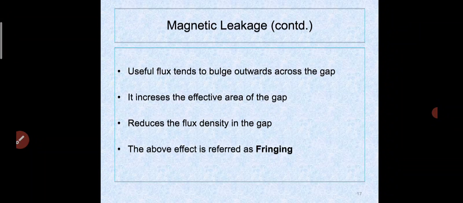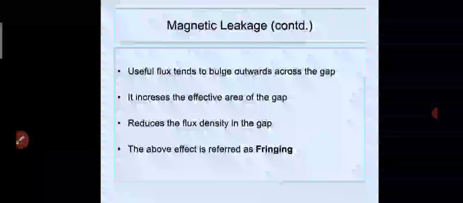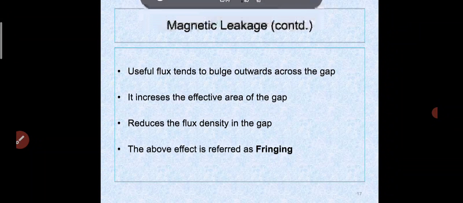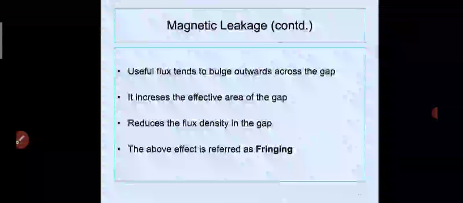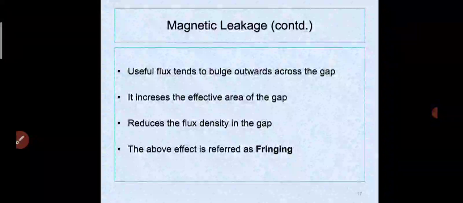There exists a force of repulsion between the magnetic lines of force, which are parallel and having the same direction. Due to this repulsive force, there is a tendency of the magnetic flux to bulge out or spread out at the edge of the air gap.